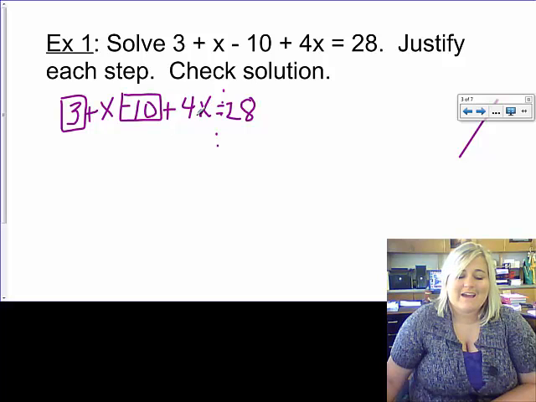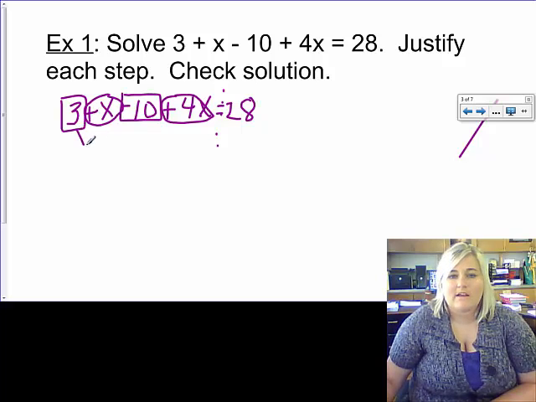So these two things would be like terms. And then I have plus x and plus 4x. Those are also like terms because they have the exact same variables and the exact same exponents. These are both understood raised to the first power.